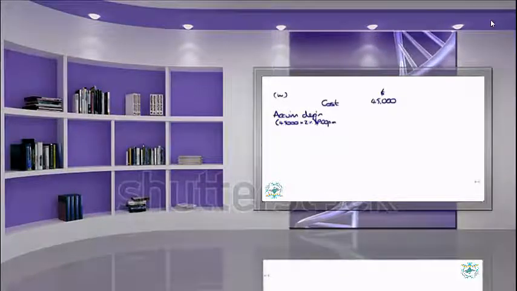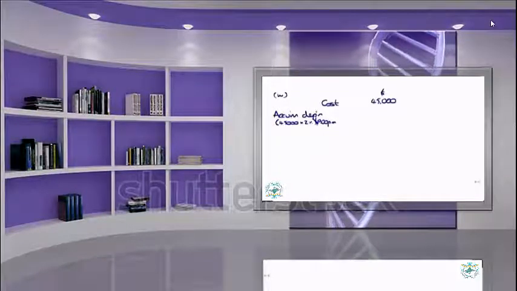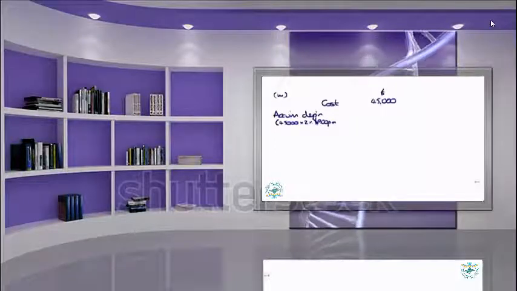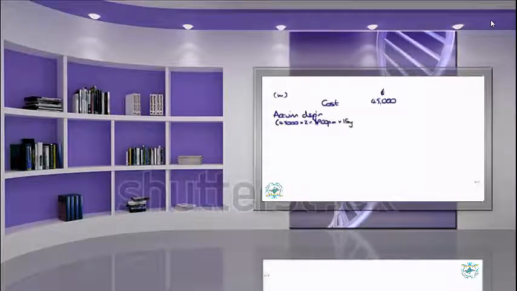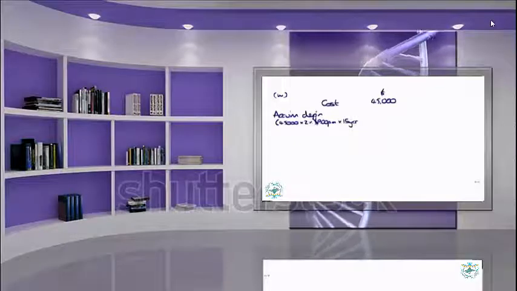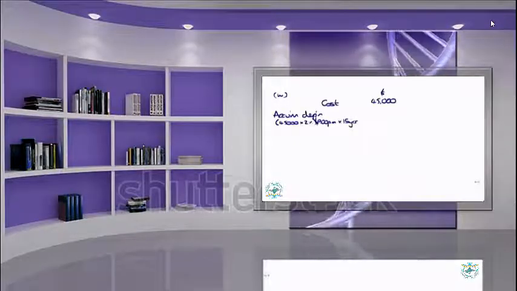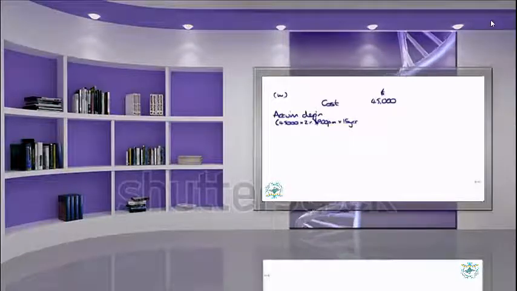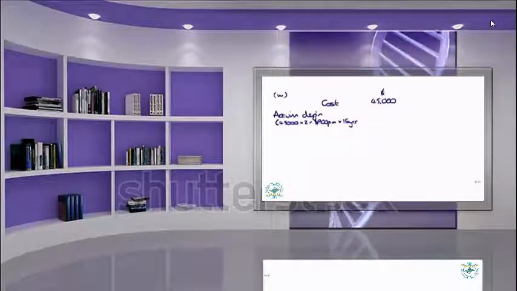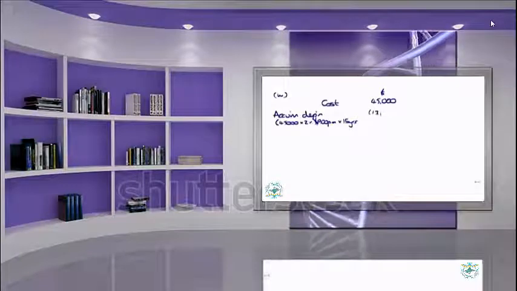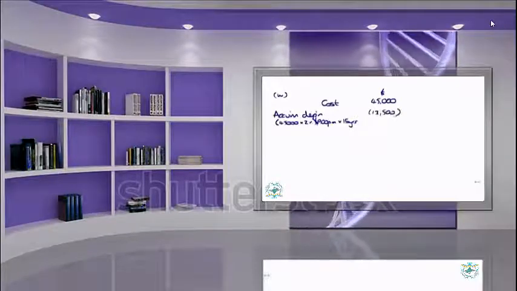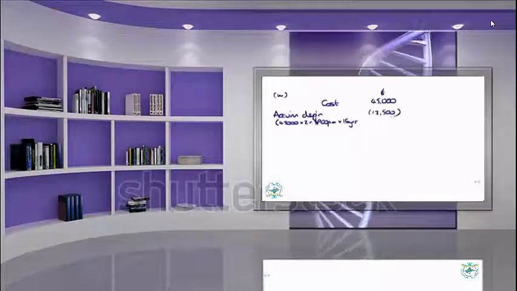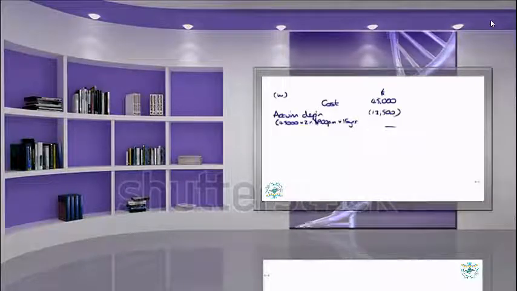How many years depreciation have accumulated? Well, we've accumulated 15 years worth of depreciation up to the date that we revalue. So 900 per annum times 15 years is going to give us 13,500 accumulated depreciation up to the date of revaluation.